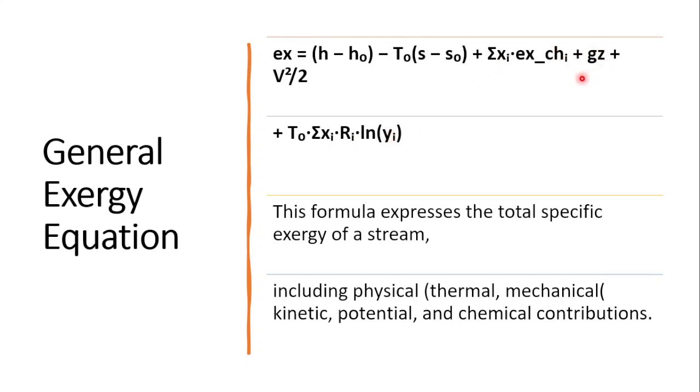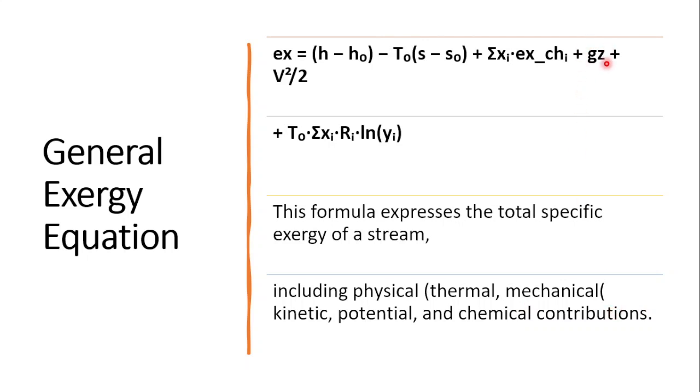Besides that, we have another option, gz, where g means the gravitational acceleration, which is commonly equal to 9.81, or in simpler cases equal to 10, and z is the height of the system from a reference or base point.